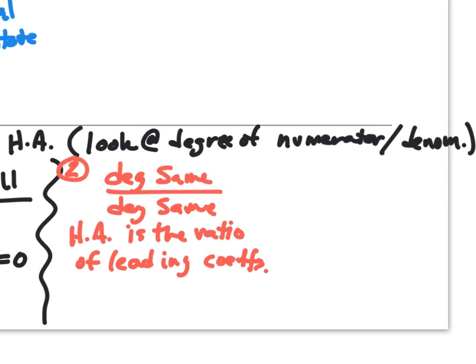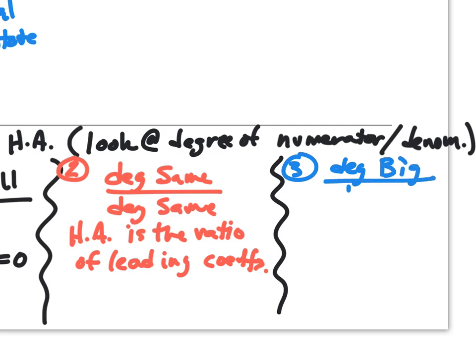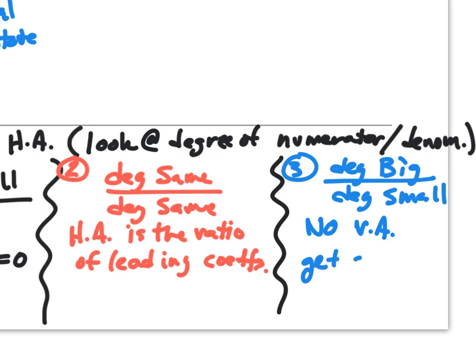And the third option is if the degree is big up top and the degree is small down below, then we have no horizontal asymptote. We actually get a slant asymptote.